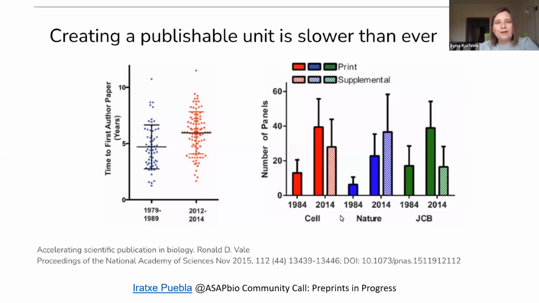And I heard from one journal editor that sometimes they have to ask 100 reviewers until one of them agrees to review a paper. There are a lot of papers being published now, there is a lot of pressure on reviewers, and we all know that we don't have a lot of free time. So unfortunately, this publishing process is very long now.